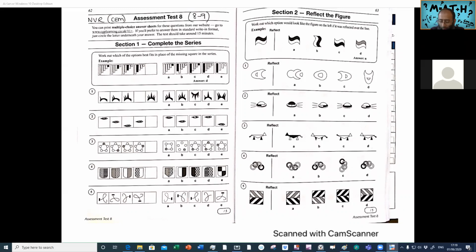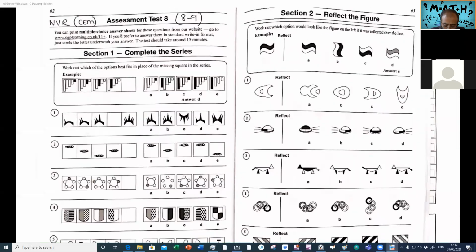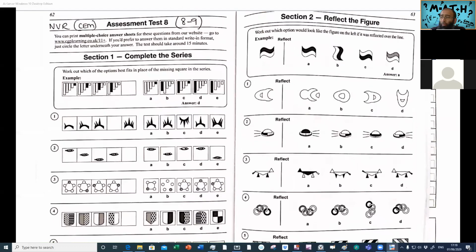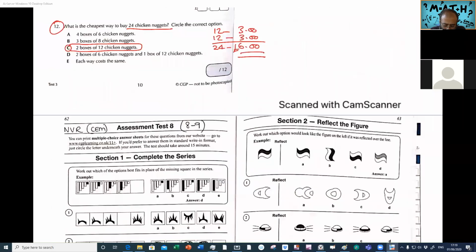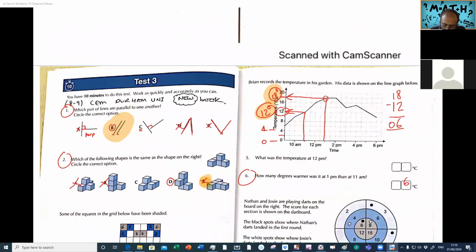Okay, that's lovely. Right, okay, NVR time now, folks. Right, get yourself ready, Iman. Have you done your test papers? Yeah. Okay, what did you get for the maths paper?